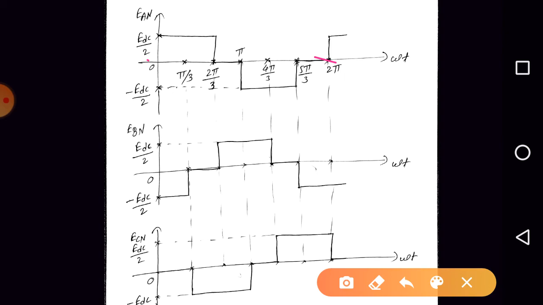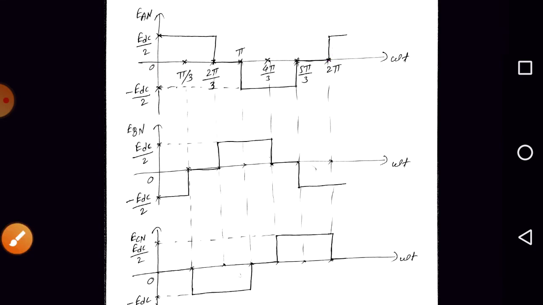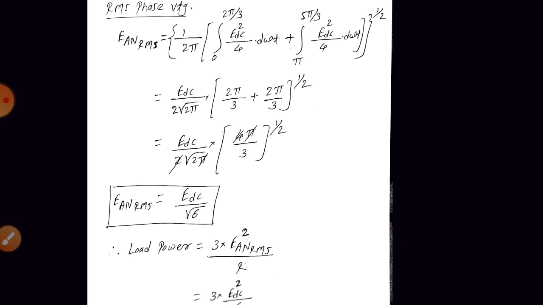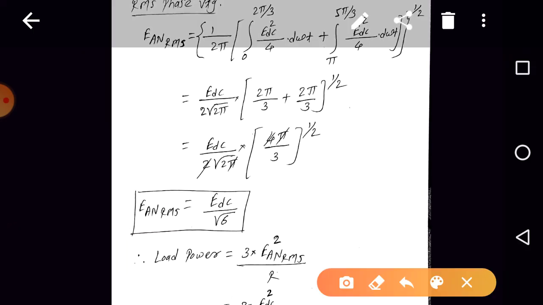So 360 degree means we need to complete 6 intervals first, and after the 6th interval again it will move to the first interval, right? So whatever the waveform from 0 to 2 pi, the same will repeat from 2 pi to 4 pi, 4 pi to 6 pi and so on. So what is the periodic angle? It is 2 pi. So RMS value is 1 by 2 pi integration, we can put the values, and we can derive the expression for RMS value.